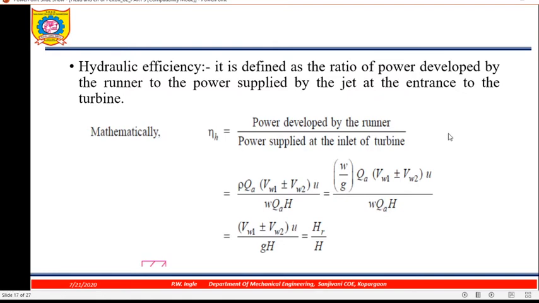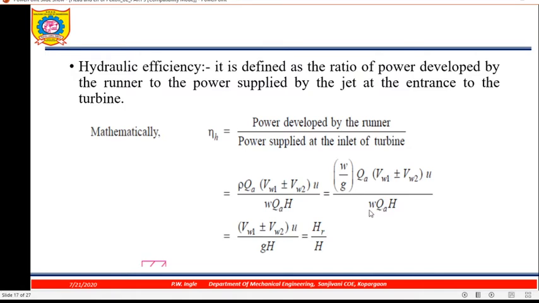Potential energy is m into g into capital H. What is m? It is rho into A into V. So you are getting rho A V g H, and rho A V is Q. So you are getting rho g Q H. So W is rho g, and Q_A is nothing but actual discharge.